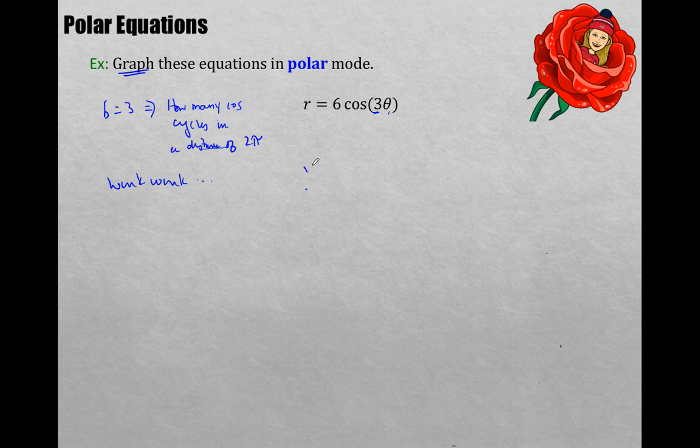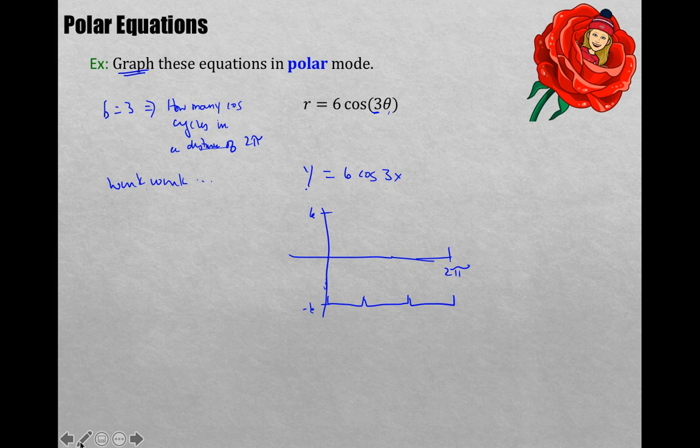So I'm going to pretend, wink, wink, this is y equals 6 cosine 3x, and I'm going to graph that. I taught you how to do that with the road, right? The amplitude is 6. There is no sinusoidal axis. Here's 2 pi. You need to get me 3 cycles in a distance of 2 pi.